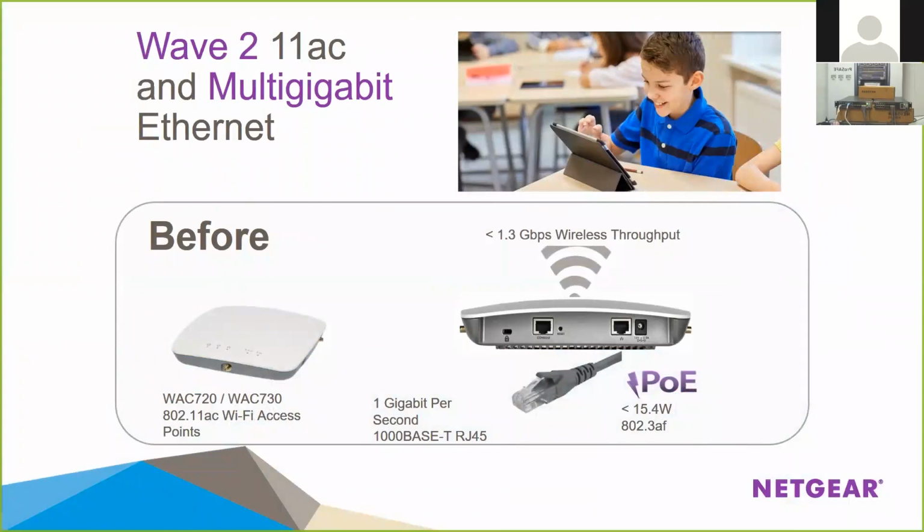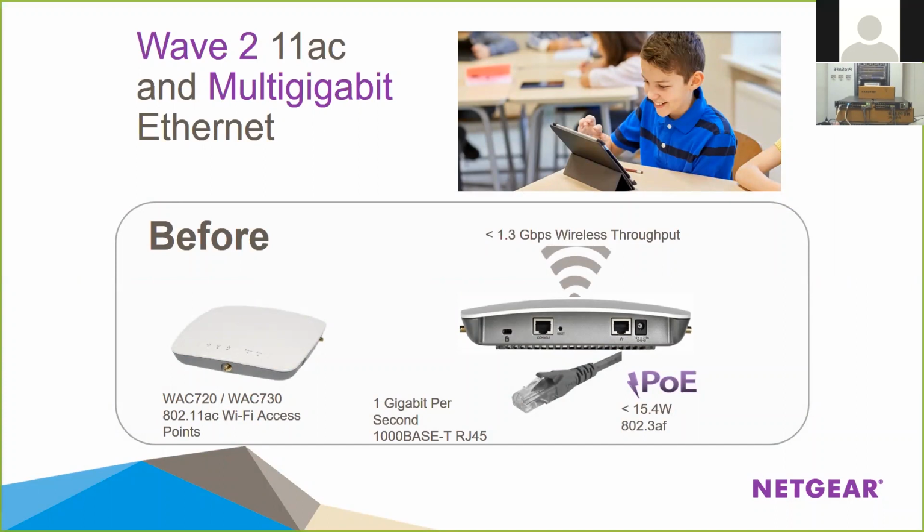Okay, so let me give you a few words before the actual demo. Before Wave 2 11AC, access points such as the NETGEAR WAC720 or 730, respectively 2x2 and 3x3, were delivering less than 1 gigabit per second of wireless throughput.